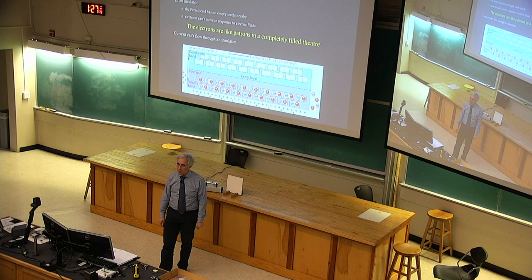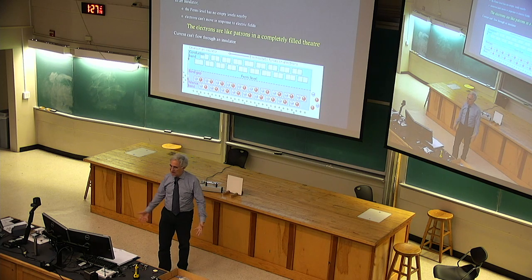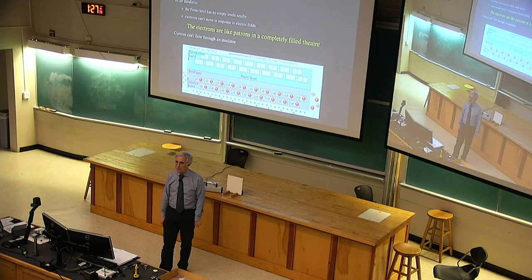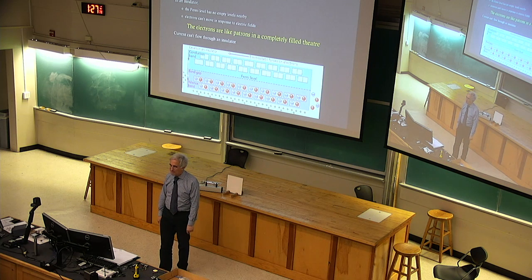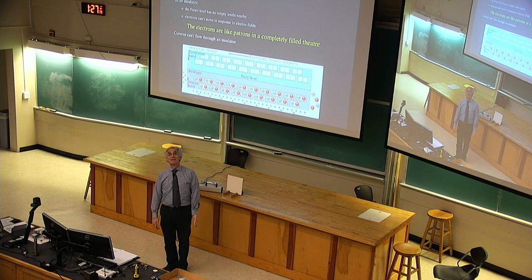So insulators occur when the material assembles such that the electrons fill the valence band, no empties, and they leave the conduction band empty. And there is what's called an energy gap, or a band gap, between those two bands of levels.